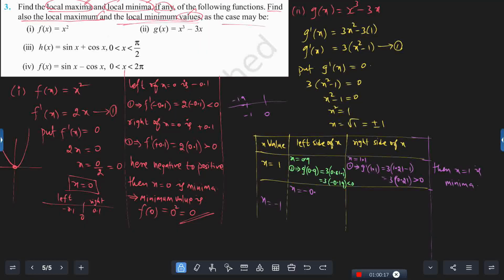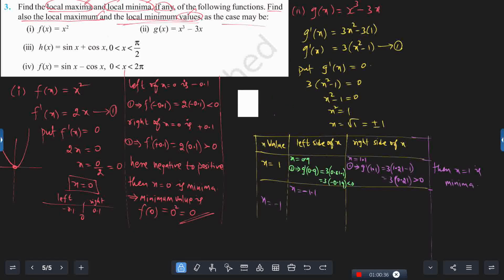You can take any small number, not an issue. Minus 1.1, I will give. The other side would be minus 0.9.